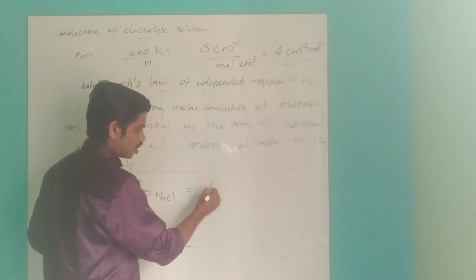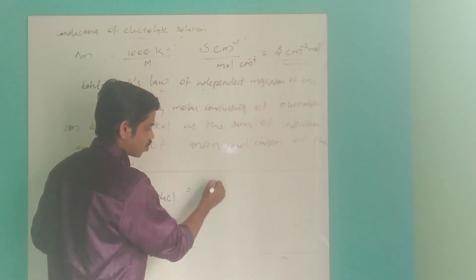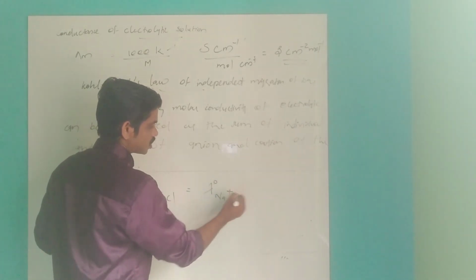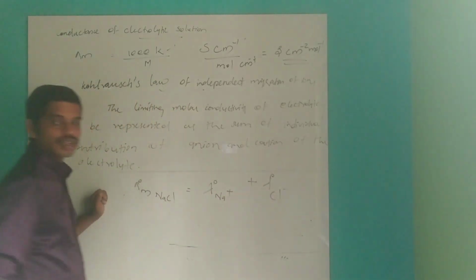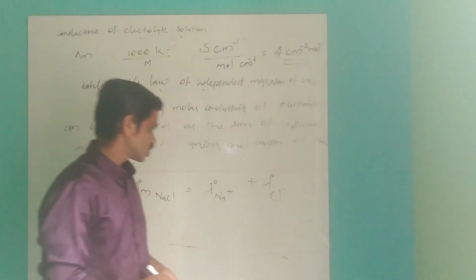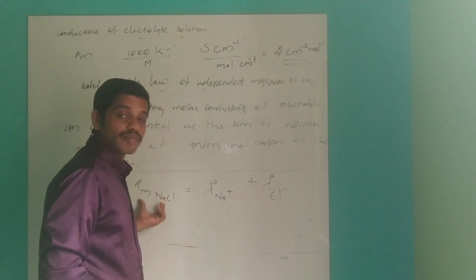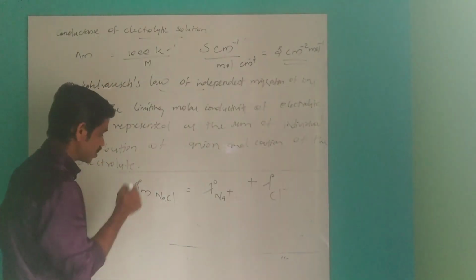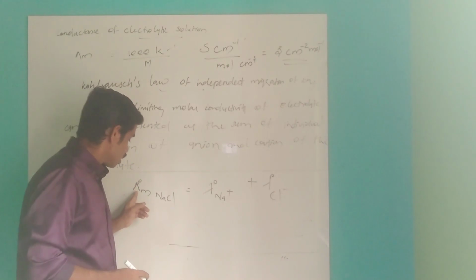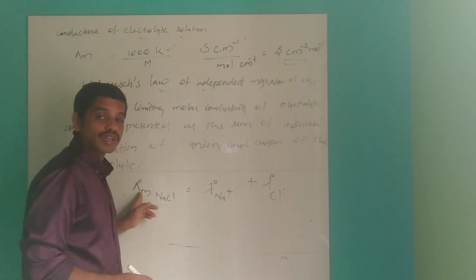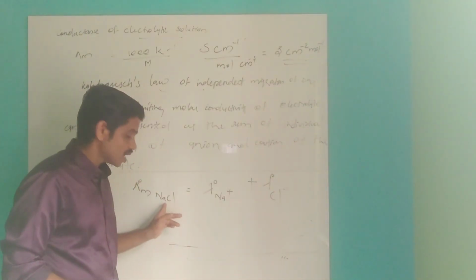Now suppose you want to find the limiting molar conductivity of NaCl, which is equal to the limiting molar conductivity of the Na plus ion plus the limiting molar conductivity of the Cl minus ion. This capital lambda represents the limiting molar conductivity of the electrolyte.